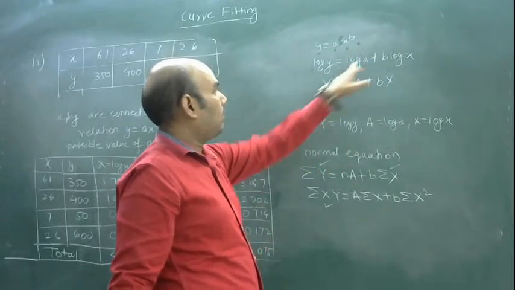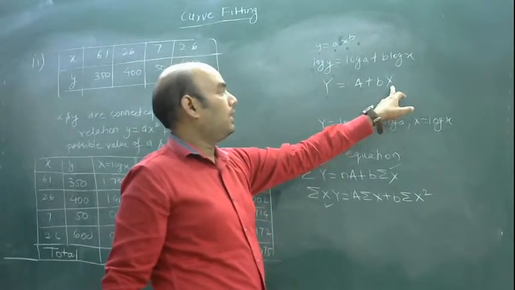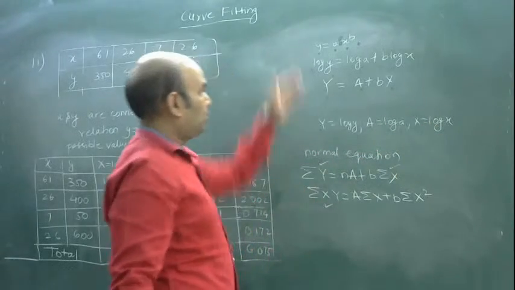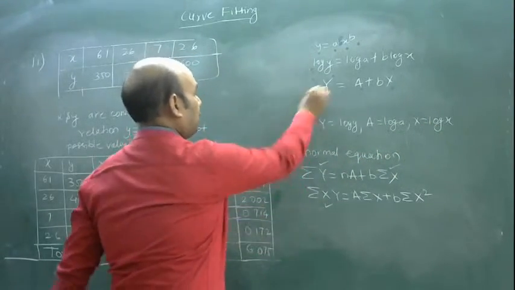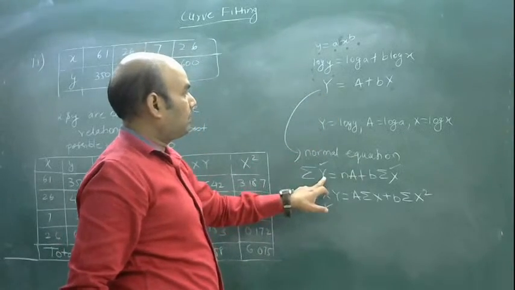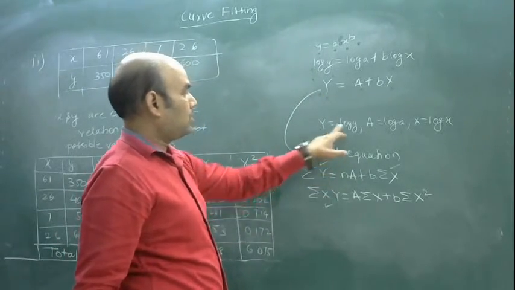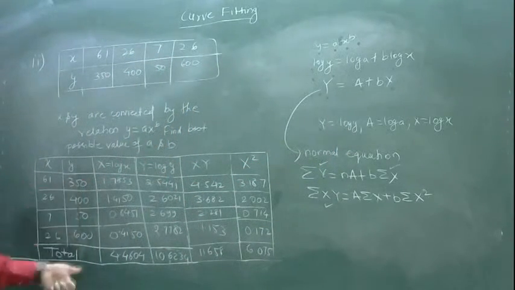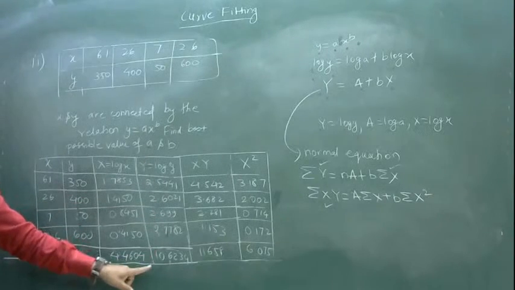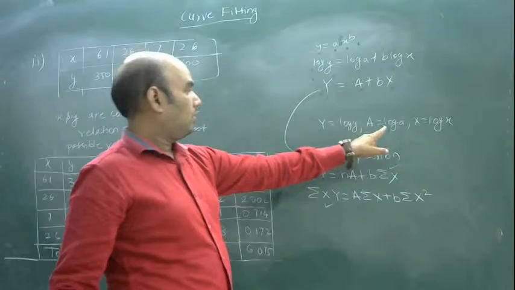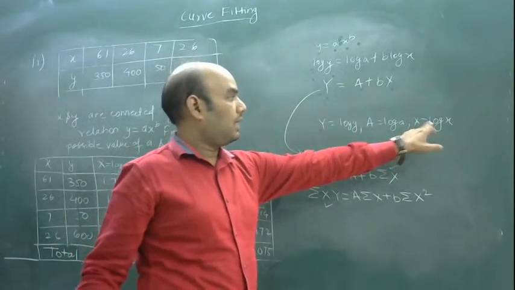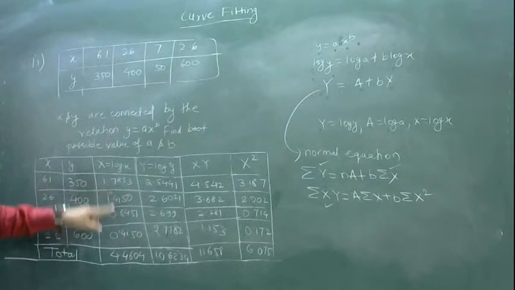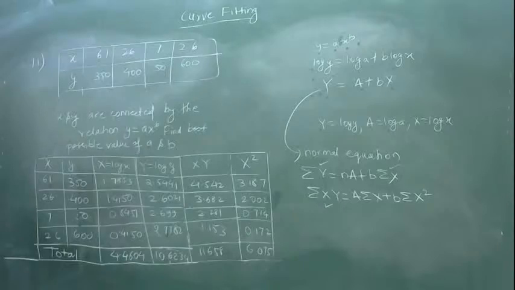So take it as capital Y, capital A, and log x as capital X. Now the normal equations will involve summation of Y, which is the sum of log y, and summation of X, which is the sum of log x.